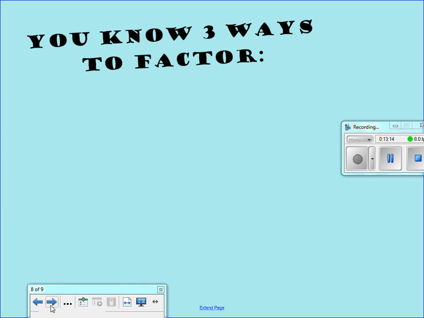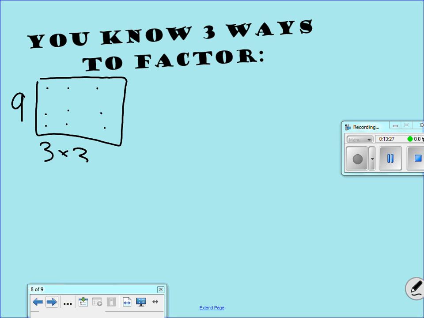So now you guys know 3 ways of factoring. Let's review. We know how to use an array. This would be an array for the number 9 to represent 3 times 3. We know the rainbow method. So 1, 16, 2, 8, and 4 times 4.